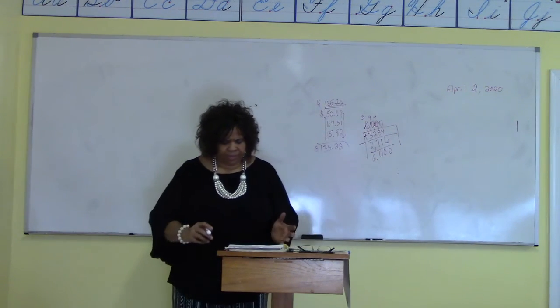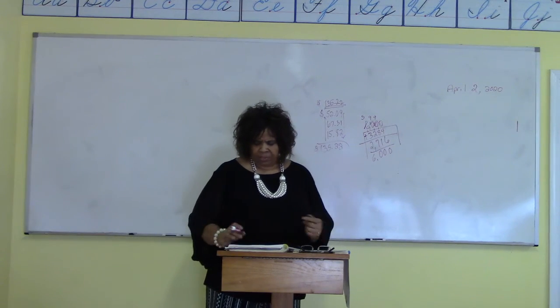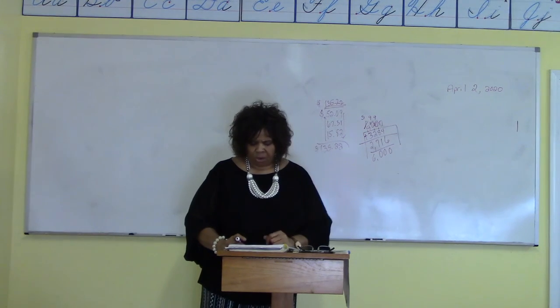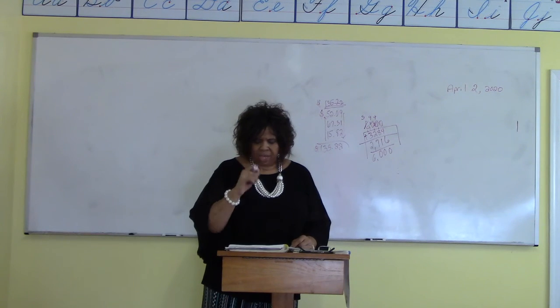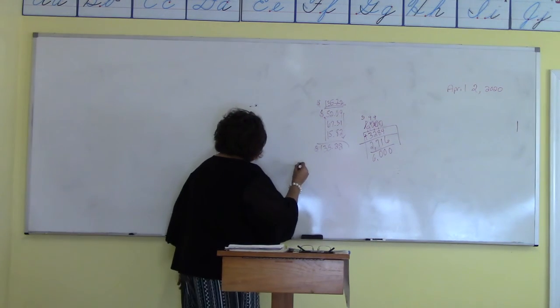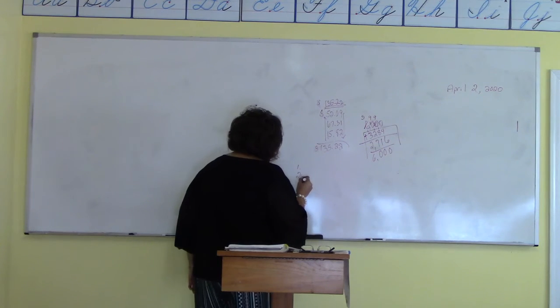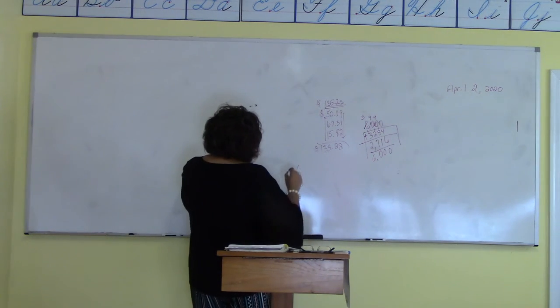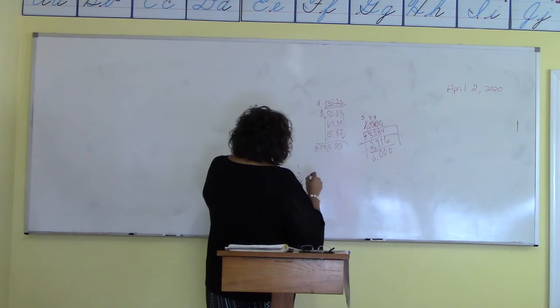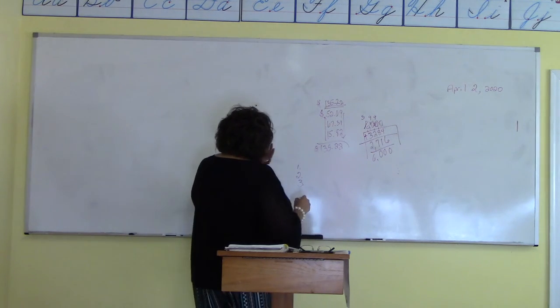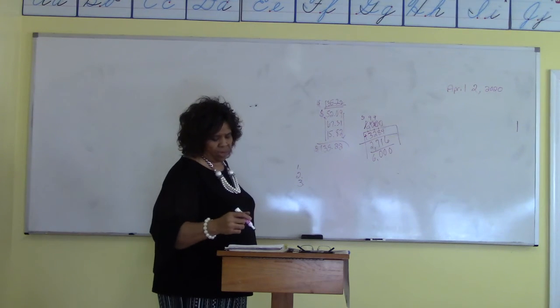And work quickly. 12 cups equal how many pints? Automatically, you should know that would be 6. Okay? 12 cups equals 6 pints. You set up your steps, 1, 2, 3. And then you just go from there to find out how you really have to work this problem, okay?